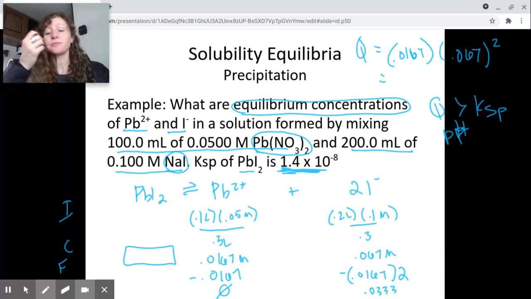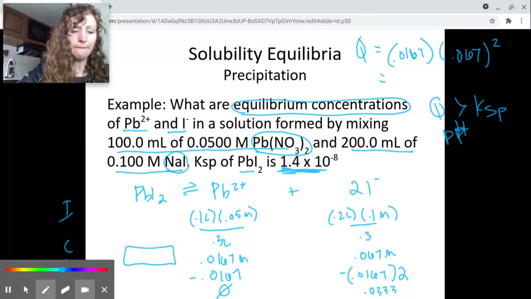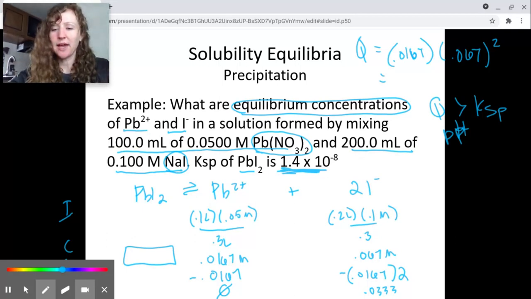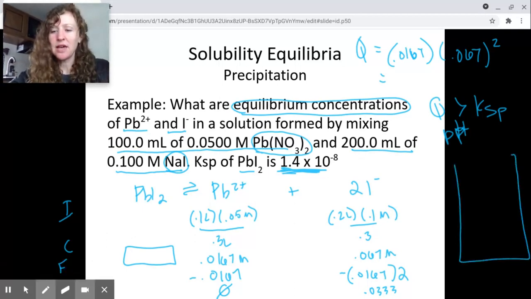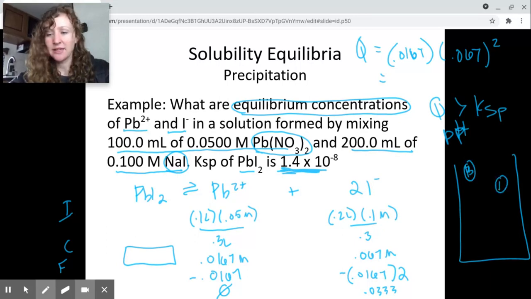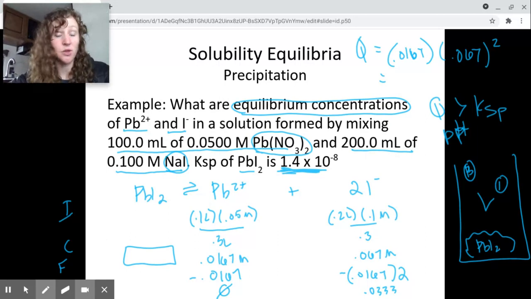Okay, so at this point in time, conceptually what has happened is I started with all lead and iodide ions, and some of them came together to form lead iodide, right? So now I have solid lead iodide floating around.